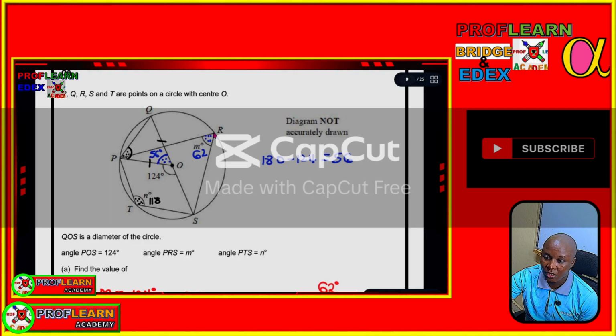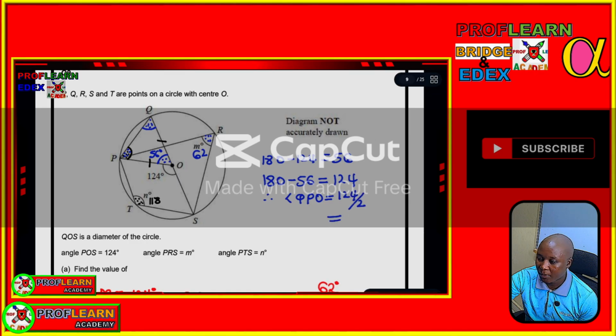This is 56, and this is an isosceles triangle, so this angle that we have here and this one, those two angles are equal. So we can say 180 minus 56, which is going to be 124. Therefore angle QPO is equal to 124 divided by 2, which translates to 62 degrees.